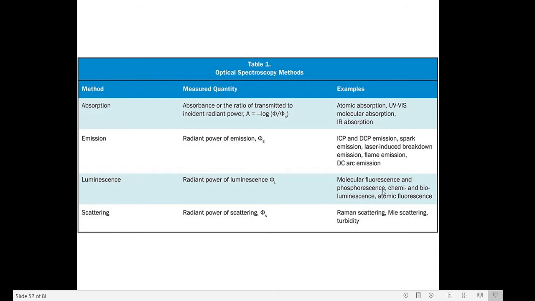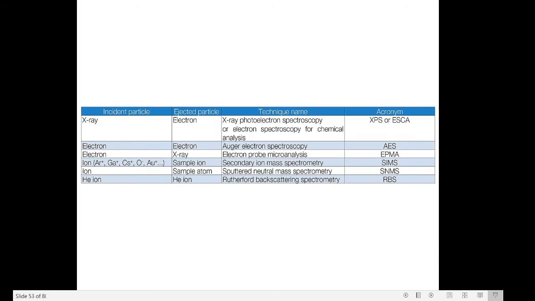We can understand scattering. Using Raman scattering, we can do the Raman spectroscopic experiment. These are the different methods: X-ray crystallographic method, electron microscopic method.